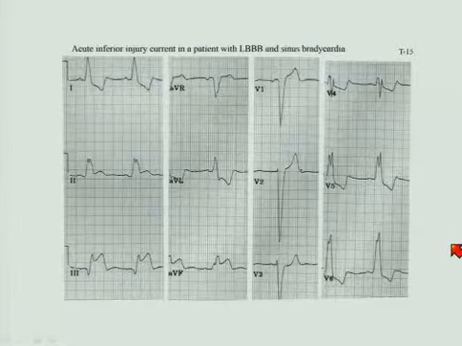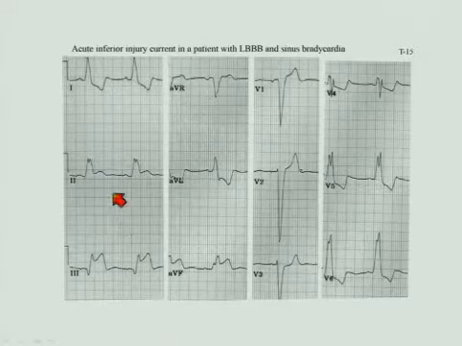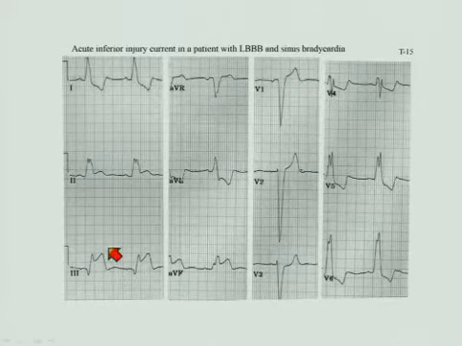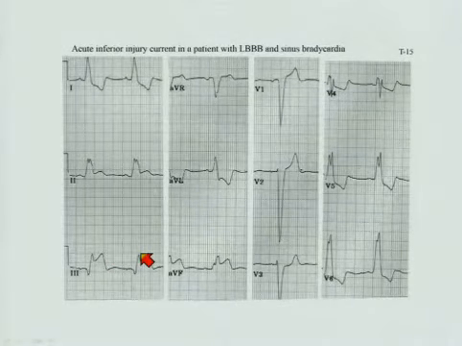Here's one, and you can see that this patient has not only a left bundle, but has a current of injury in the inferior leads. So you cannot see anything about the precordial leads here because that's part and parcel of the left bundle. But in the leads that have a prominent R wave, there should not be ST elevation.